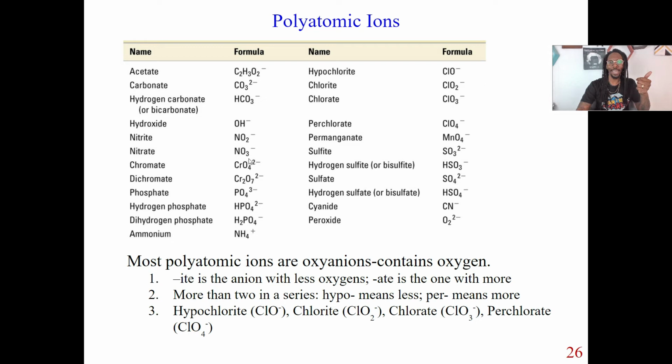Nitrate, ATE, has three oxygens, NO3 here. So we can see that difference. Anytime you have a similar compound, like nitrate in this case, the one that has ITE will have fewer oxygens, and the one that has ATE will have more oxygens.